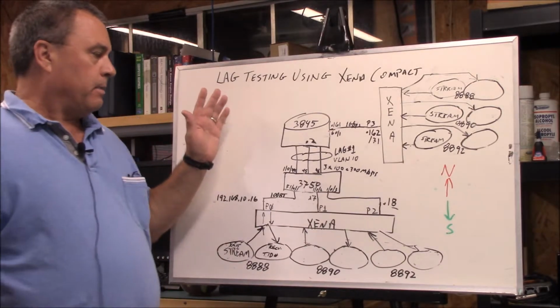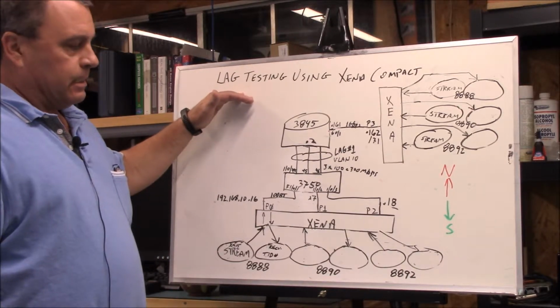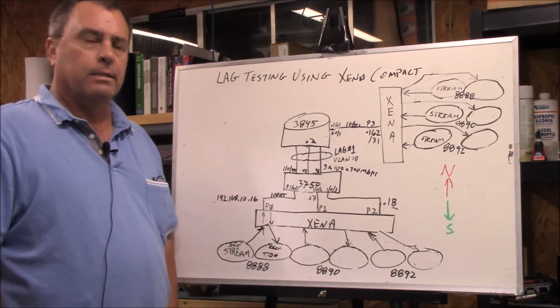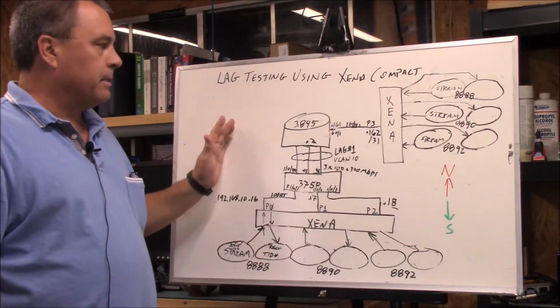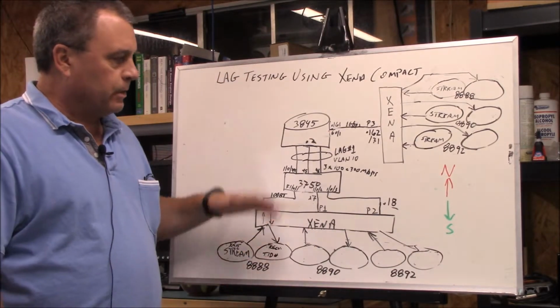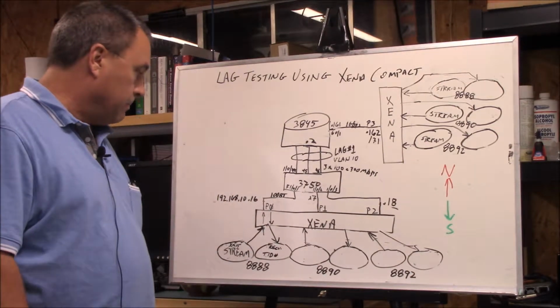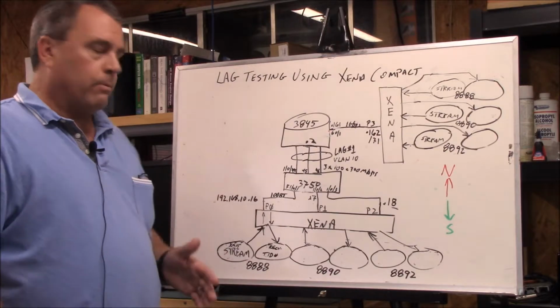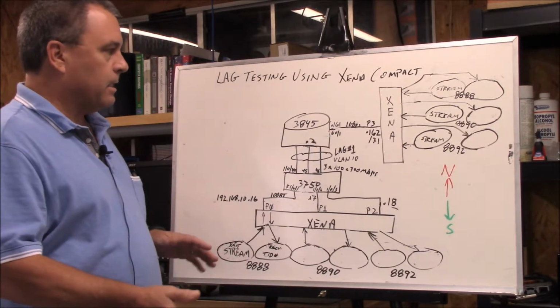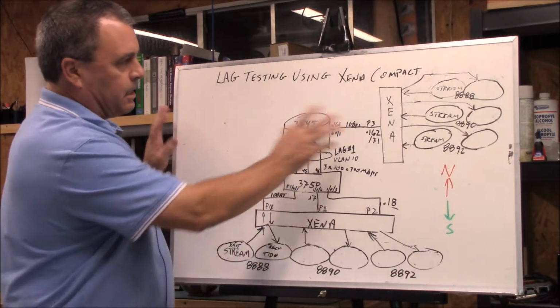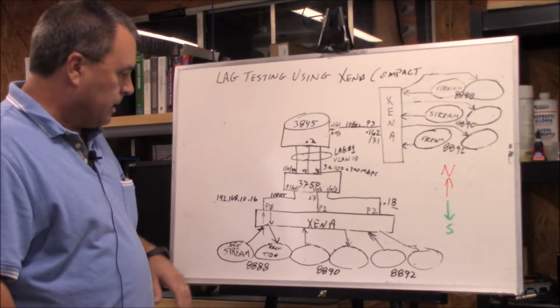Well, today we're not going to talk about lag testing. What we're going to talk about is something that I ran into when I was doing some preliminary testing for this video, actually. What I had done is I set up the test. This is the way the Xena is set up. You've seen this before.